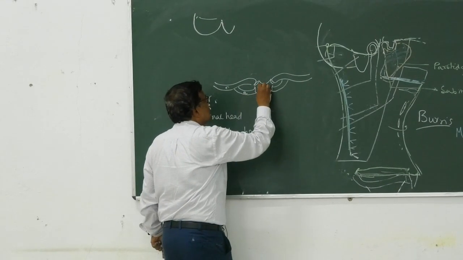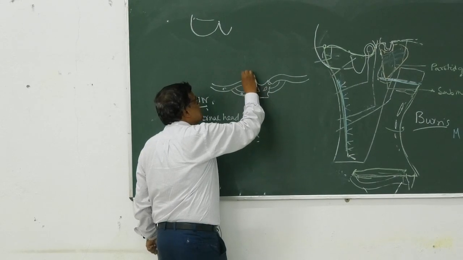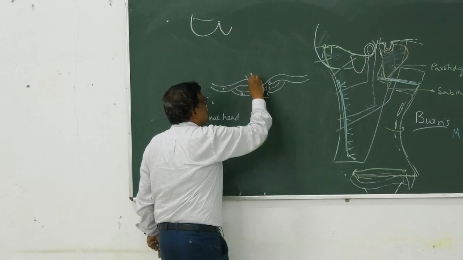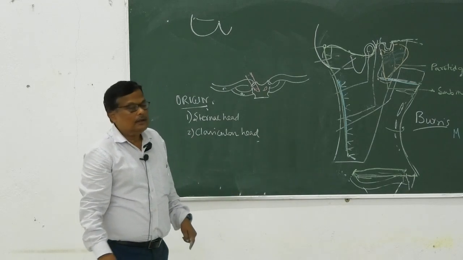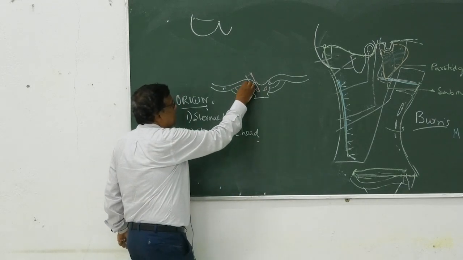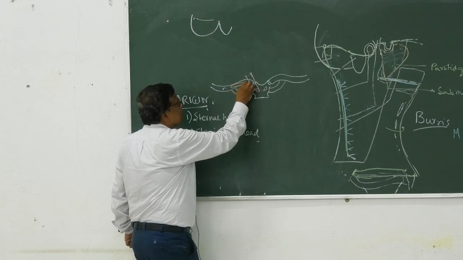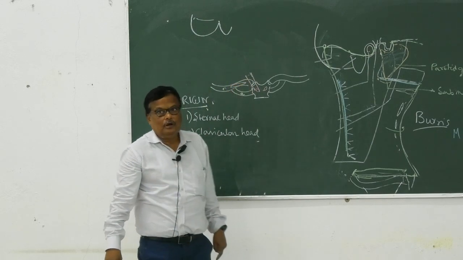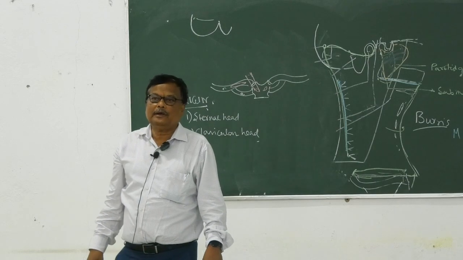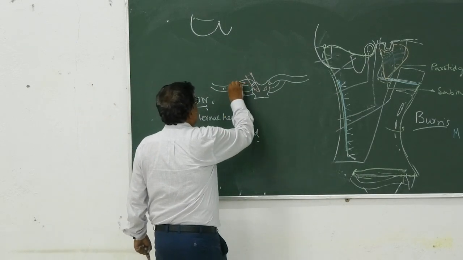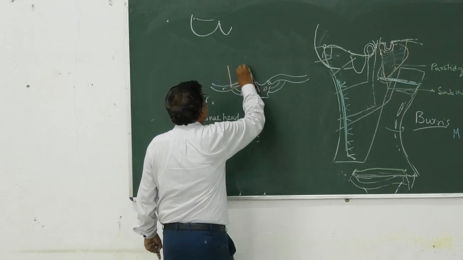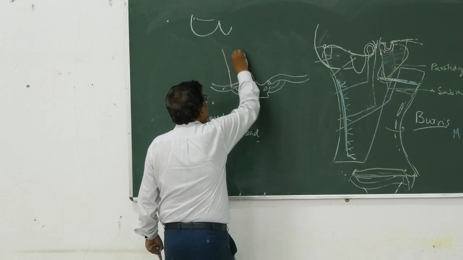It takes origin here and goes upwards laterally in this fashion. And clavicular head, it takes origin from the upper surface of the medial part of the clavicle. It goes more straight.